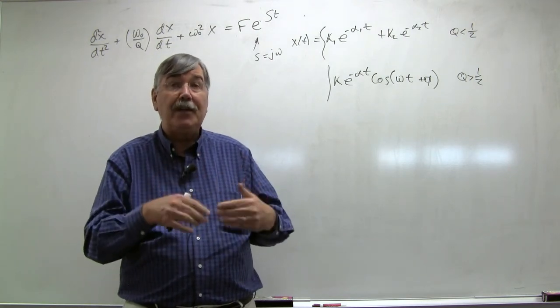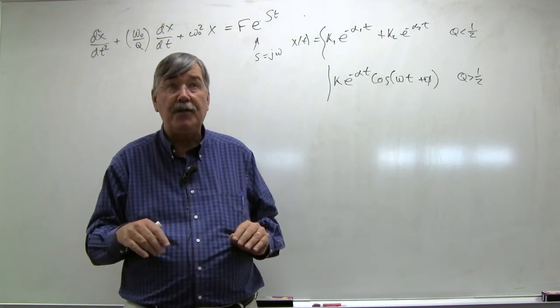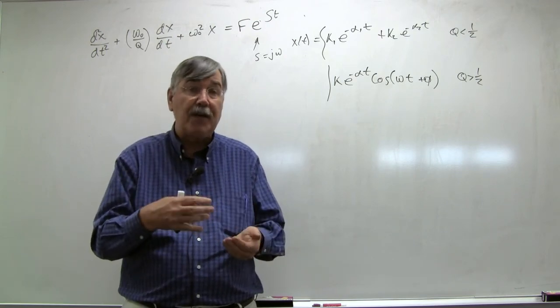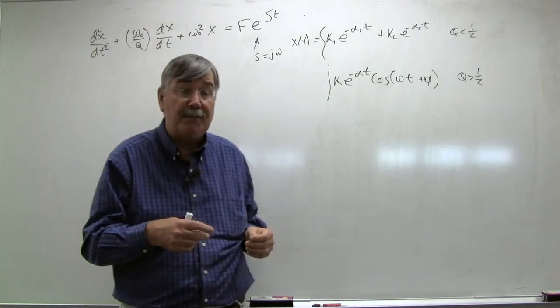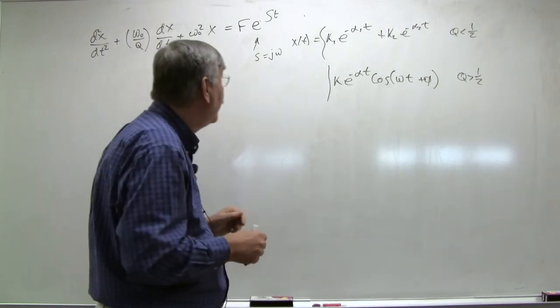If it's a linear system, you'll get no new frequencies. As we'll see, if you get new frequencies, that means it wasn't a linear system, or these were somehow time varying or amplitude varying. So we'll see that those two things are necessary.